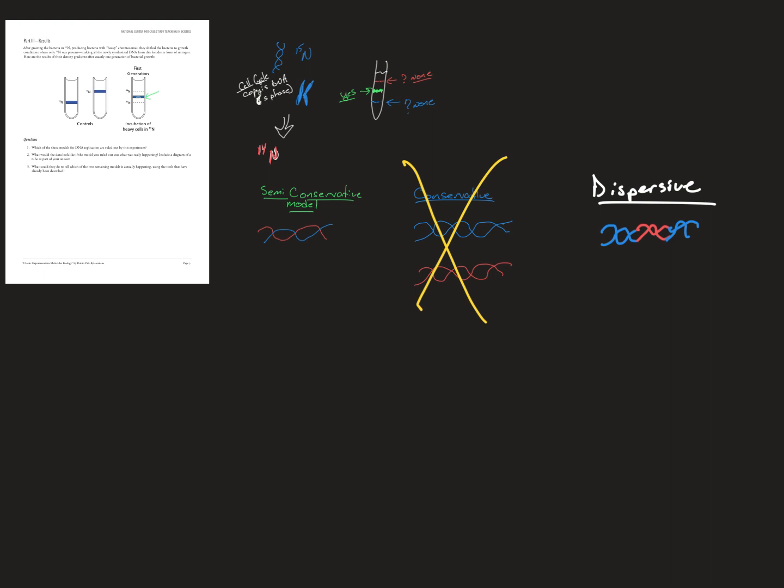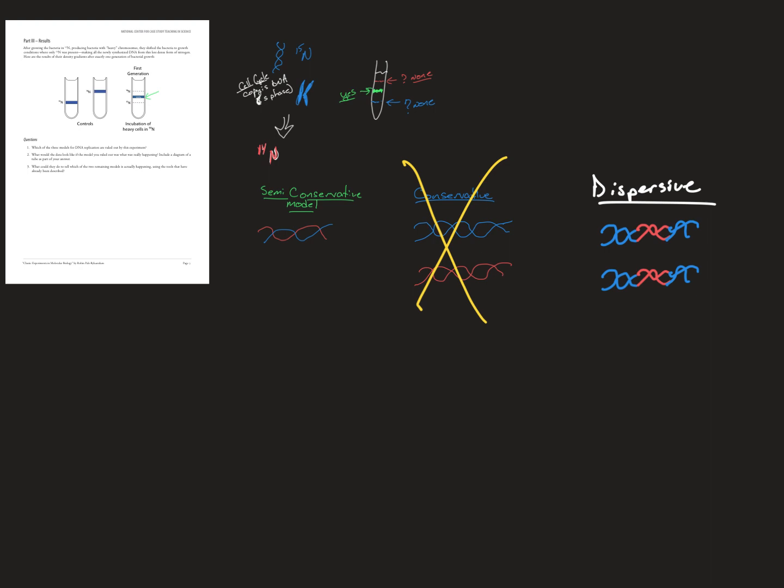If that were true, then we would expect there would be a band in the middle. There wouldn't be two bands because they'd have the same density. So we'd expect to see one band in the middle. So this is not ruled out as a possibility. Only the conservative model is ruled out.